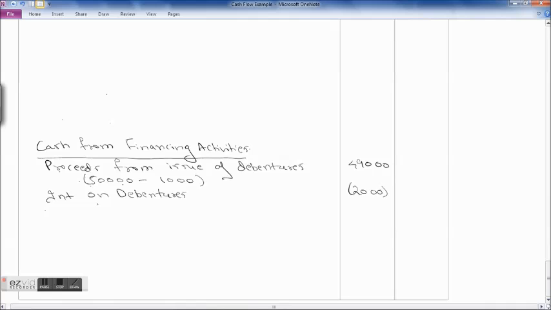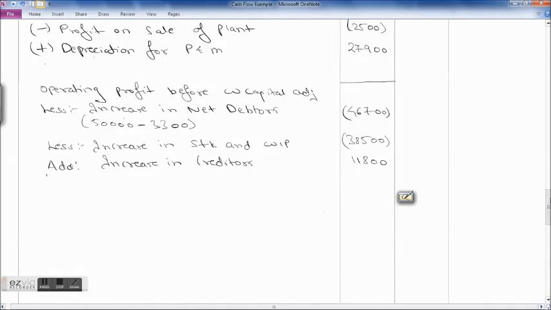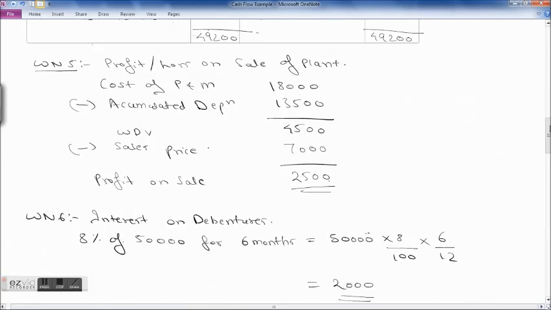Since the dividend is paid, there is a cash outflow. How much is the amount? 30,000.